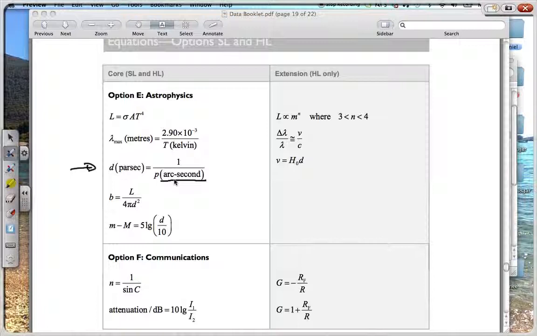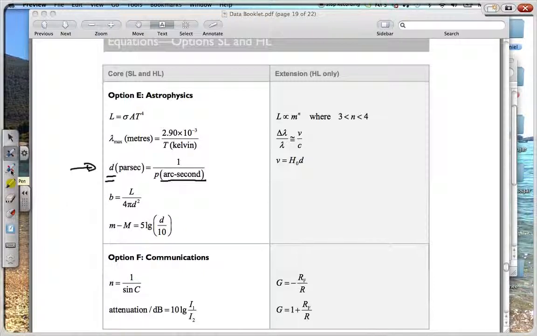Now when there's a 1 arc second shift in the star as the Earth goes around half a revolution around the Sun, then it was defined that this distance would be a parsec. So when this is in arc seconds, it automatically gives our answer in parsecs.